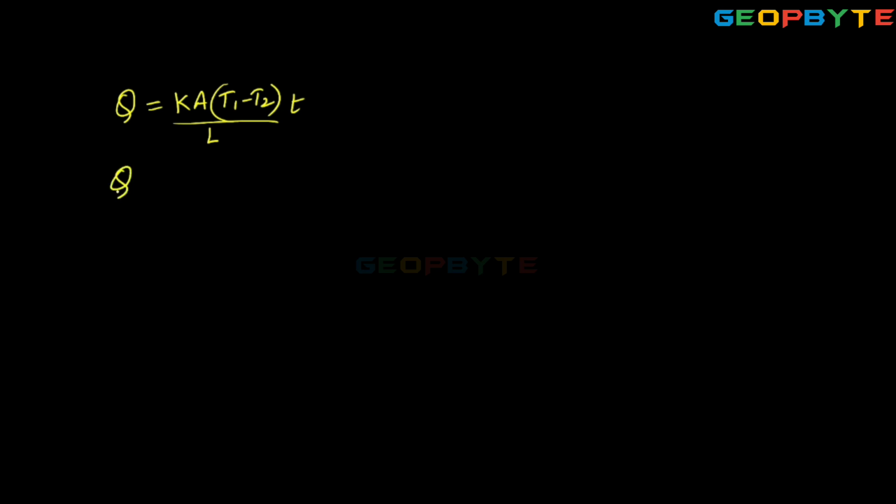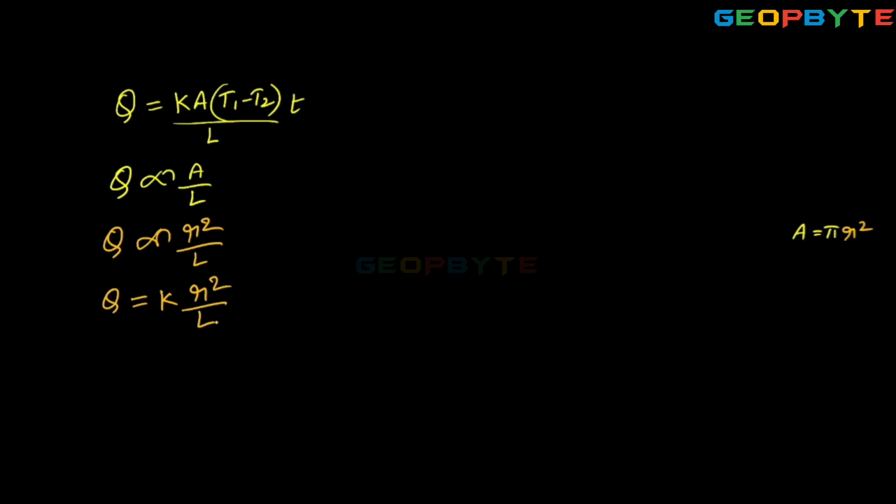From this, I can say that Q is proportional to A by L. But A equals pi r square. Then Q is proportional to r square by L, so Q equals a constant into R square by L.